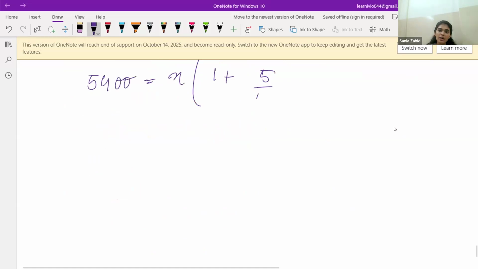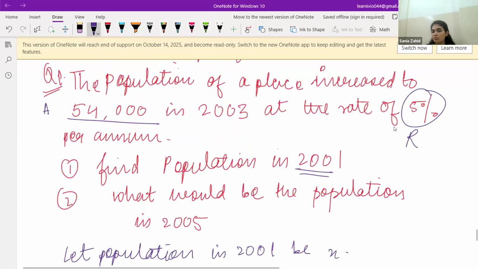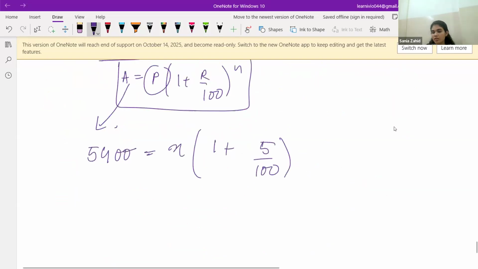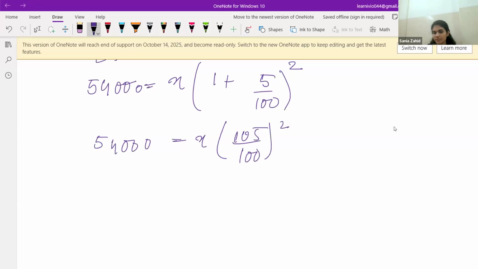And what is the time? From 2001 to 2003, what is the time? 2 years. So n is 2. So children, what I will do? 54,000 is equal to X into (105 by 100) squared.